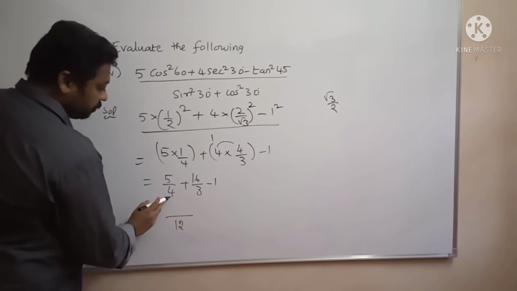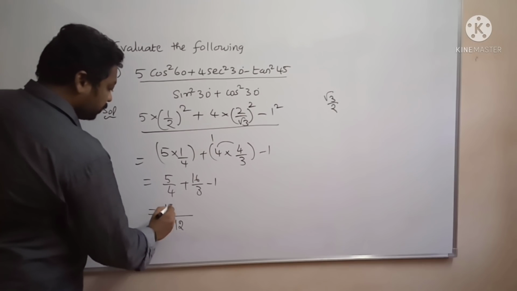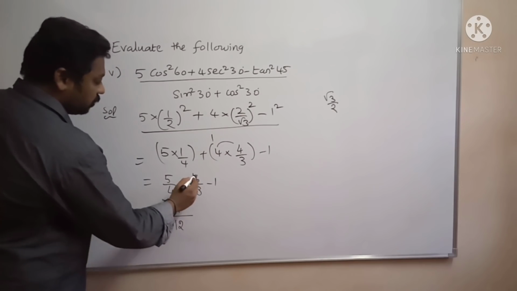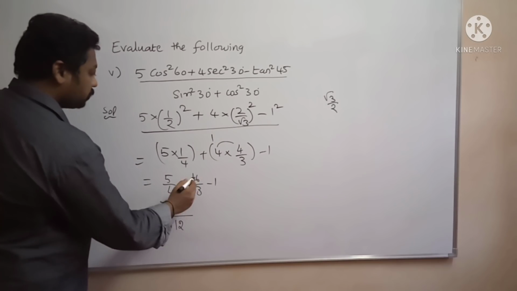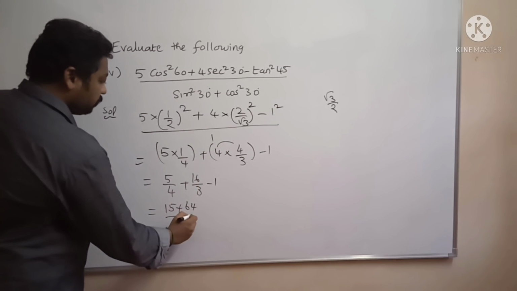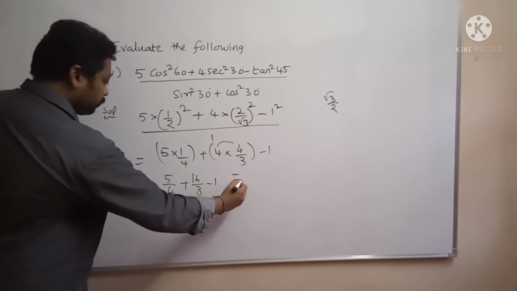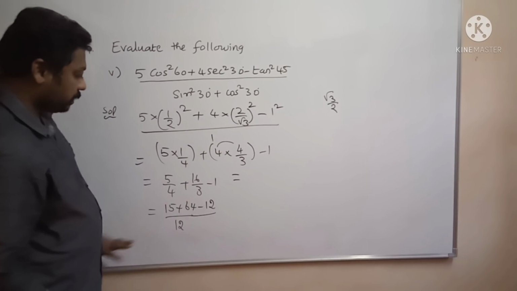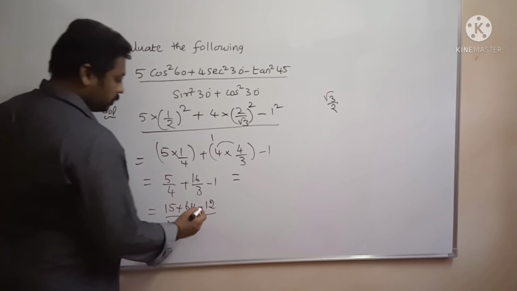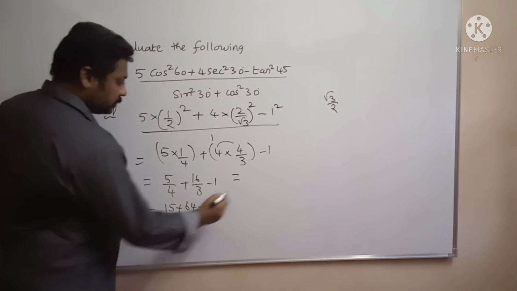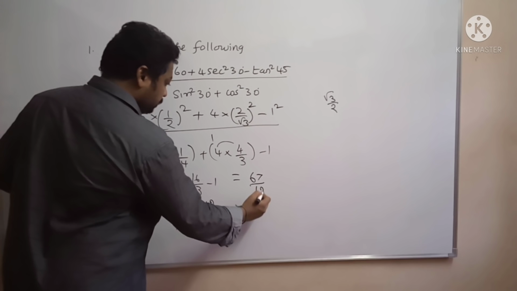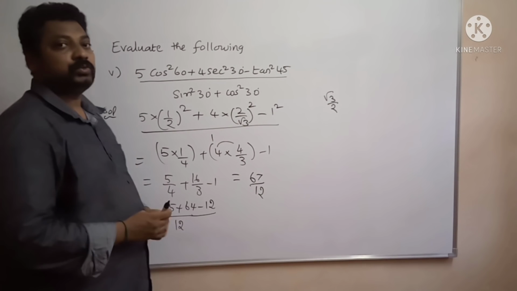So here 3 times, 3 5s are 15. So here 4 times, so what is 4 into 16? 64. So here minus 12. So 64 minus 12 is 52, 52 plus 15 is 67. So the answer is 67 by 12.